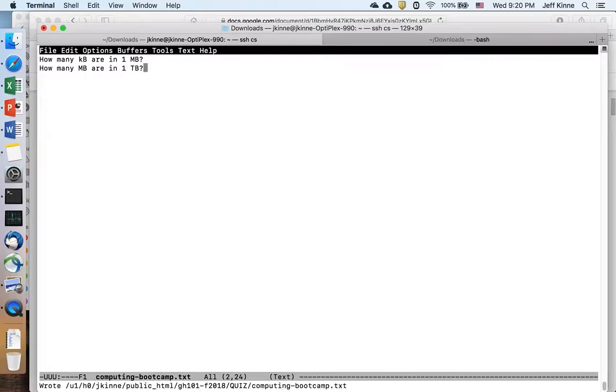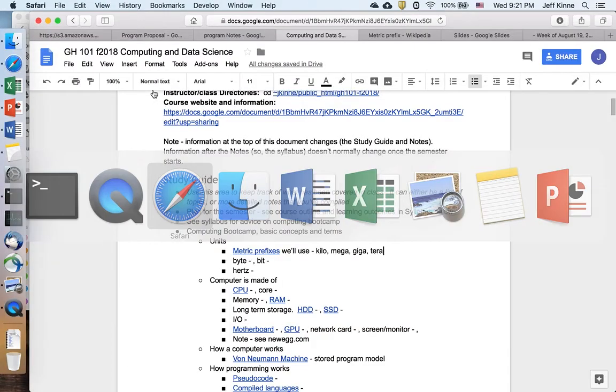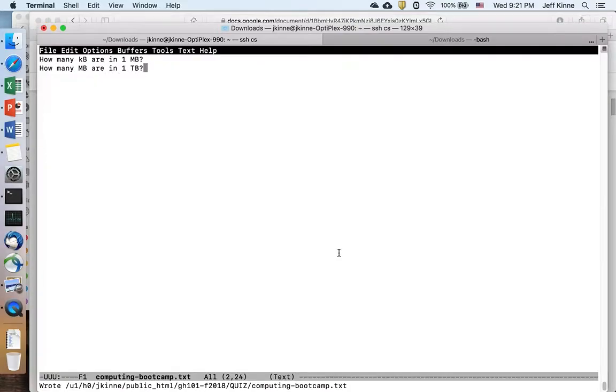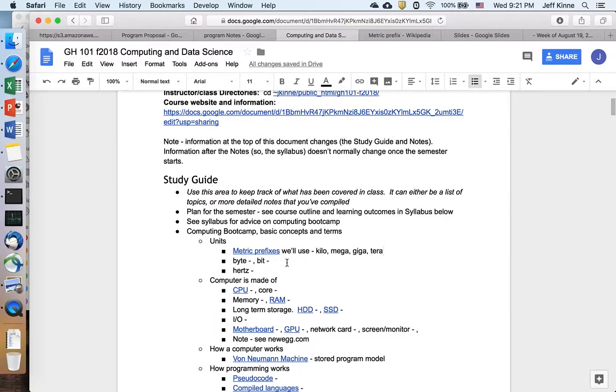I'll show you where these potential questions are at some other point. If we're comparing different sizes of files or disks or the speeds of processors, those are abbreviations we need to know.